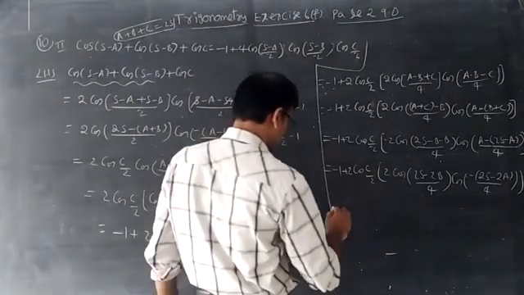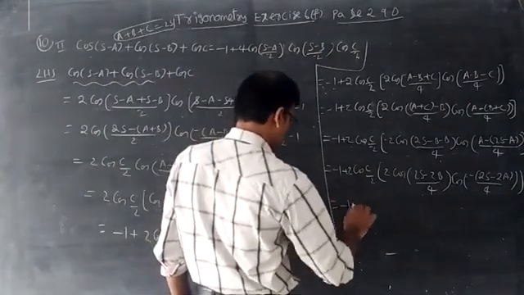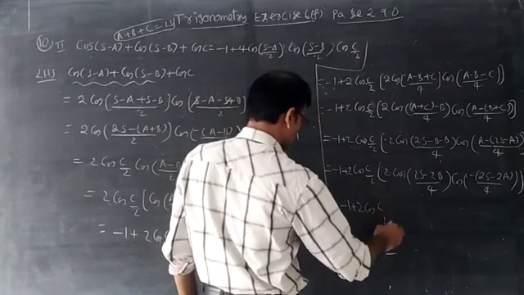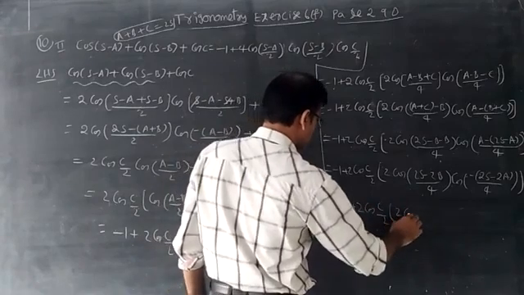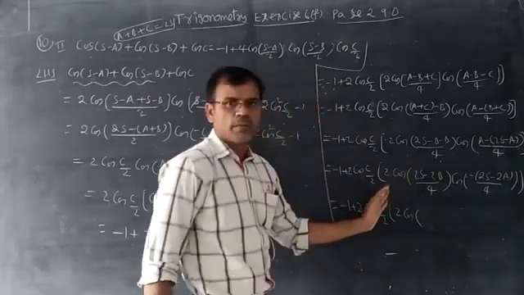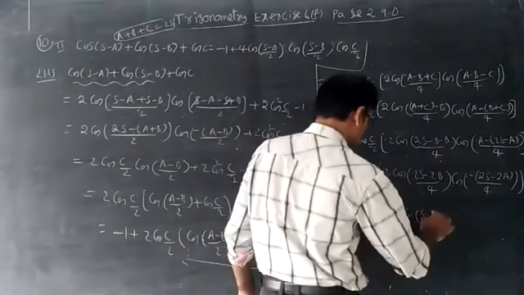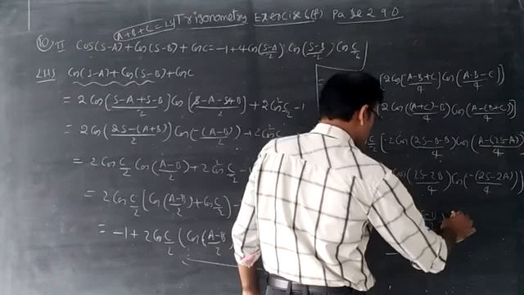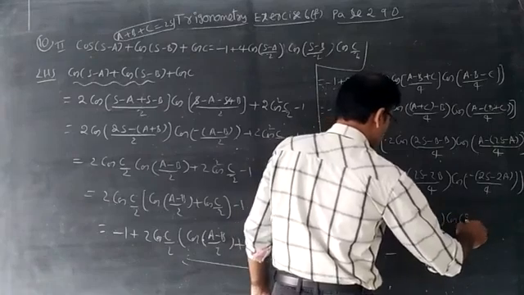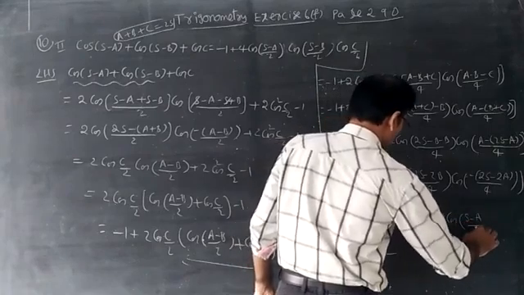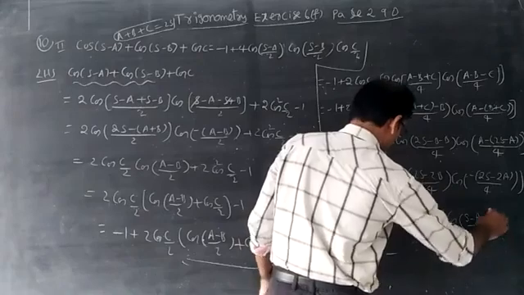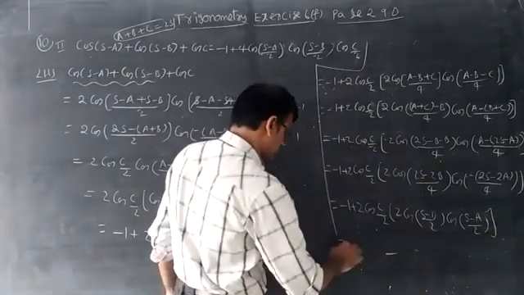So in next step we can write minus 1 plus 2 cos c by 2, 2 cos of, 2 taken common and cancel, you can write (s minus b) by 2 into cos of, 2 common, and it will be dividing 4 by 2 times, 2 cos of (s minus a) by 2.